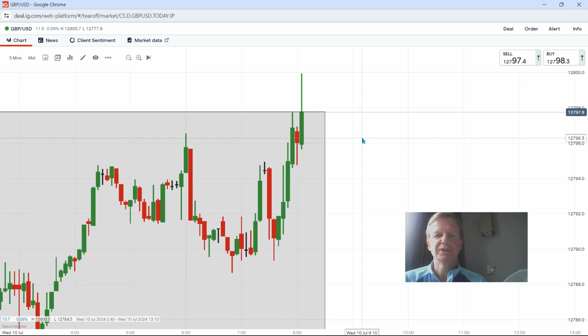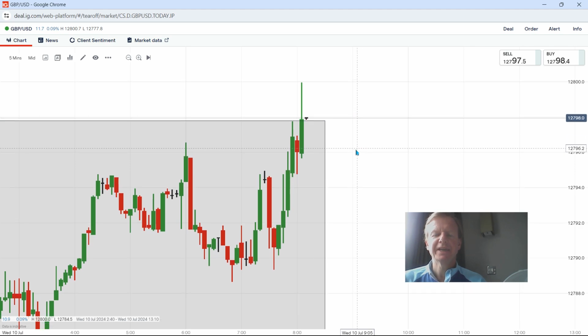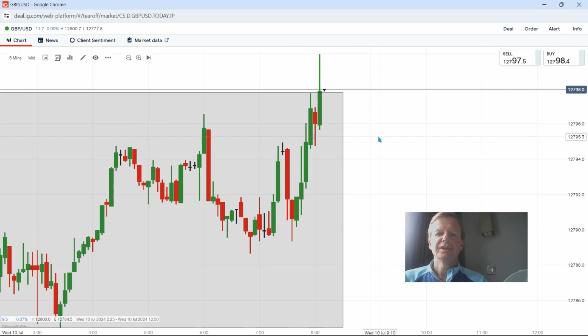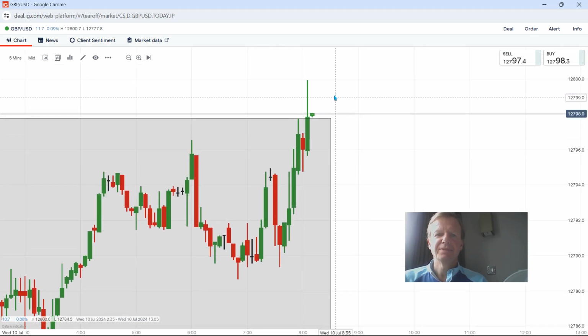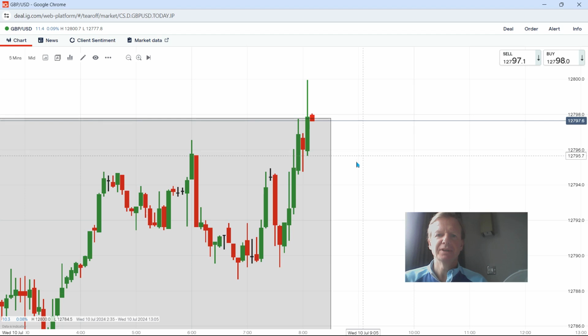So I'm very conscious of the fact that I'm not going to actually trade it until we get, you see, so look, it's come back into the box. So I'm not going to go long on this yet because it's met resistance up the top here, and look, it's starting to come back.